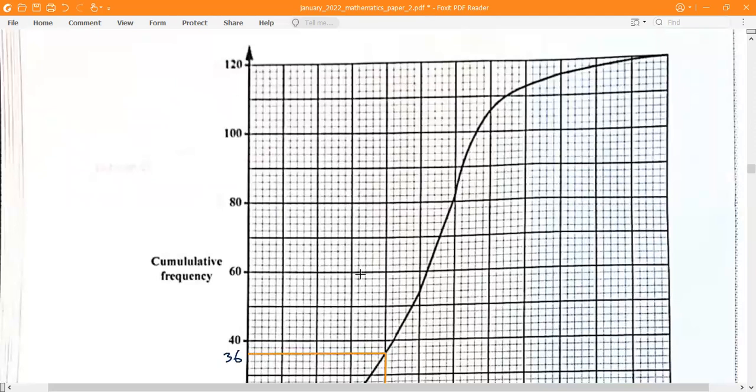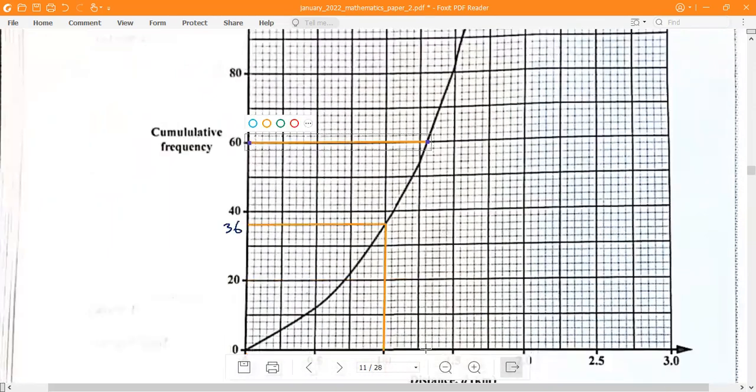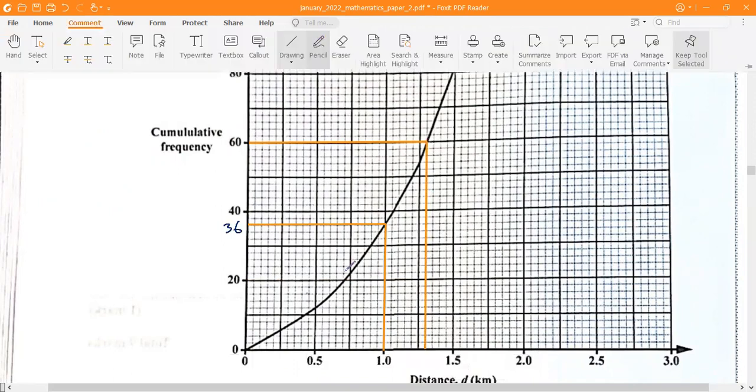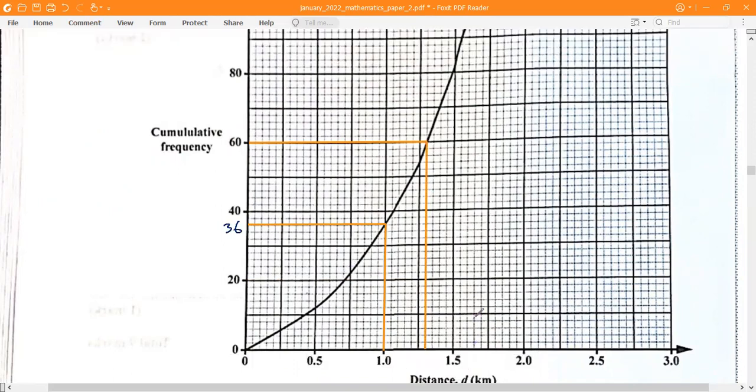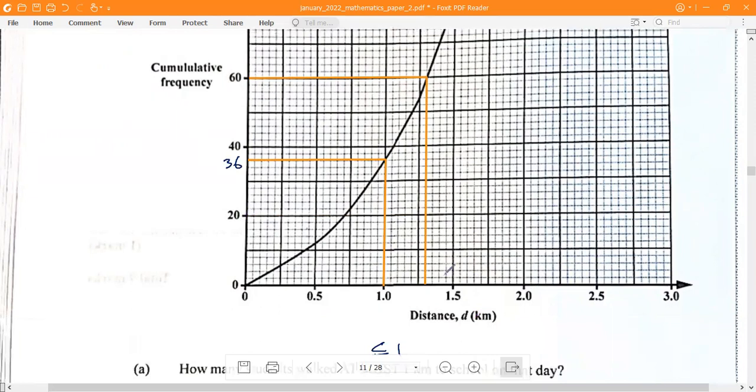From 60, we go across with a straight line until we reach the graph, and we come down the vertical line to the x-axis and read off our value. If you take 1.5 minus 1, you get 0.5, divided by 10, you get 0.05.